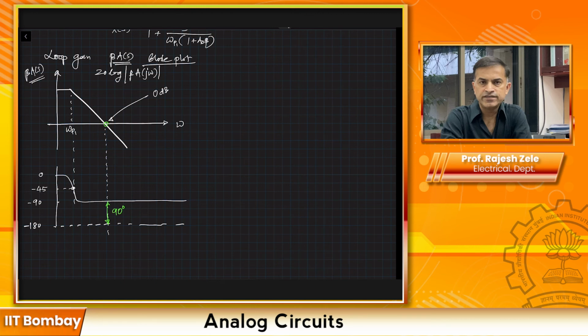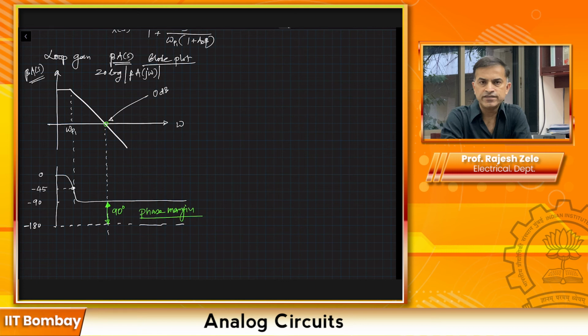What we are saying is that with a one pole system, my phase at unity gain frequency is minus 90 degrees. You have learned how to do the Bode plots, and I'm only telling you from that. So 90 degrees is my phase margin. So this would be a very stable system.